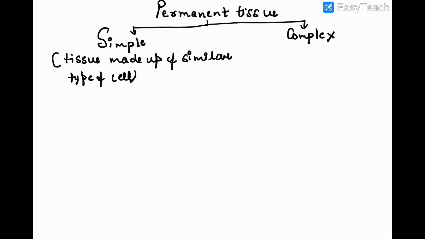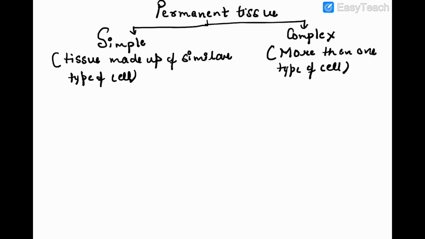Whereas complex permanent tissue is the tissue which is formed by more than one type of cell. So simple tissue is made up of similar type of cell, one kind of cell, and complex tissue is made up of more than one type of cell.